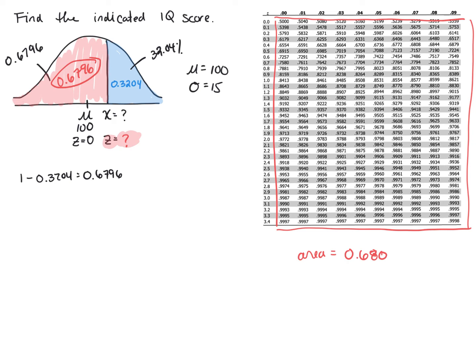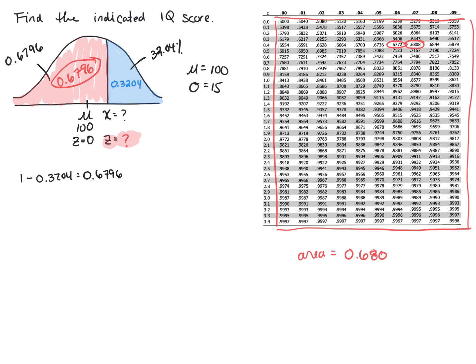So here I've got 0.6772, and then I've also got 0.6808. All right, so you can either choose 0.6772 or 0.6808 because they're both really close. And so I'm going to just choose the first time that I see a decimal that rounds to 0.68.